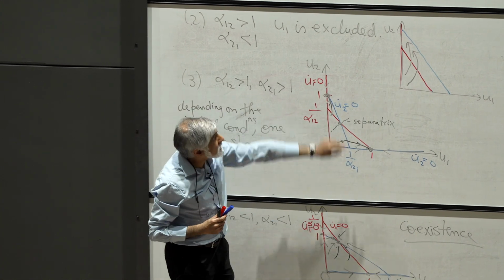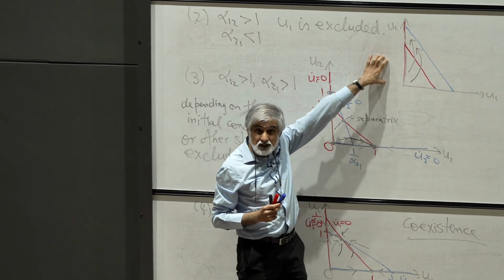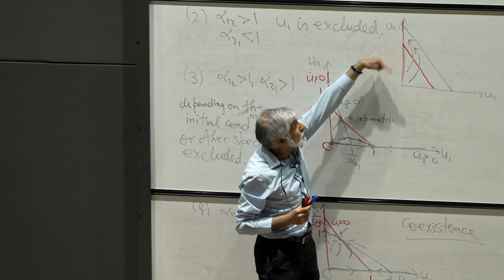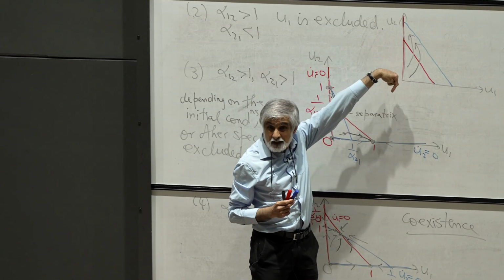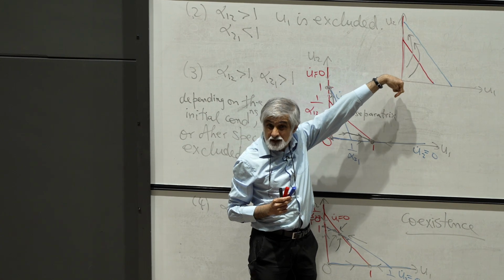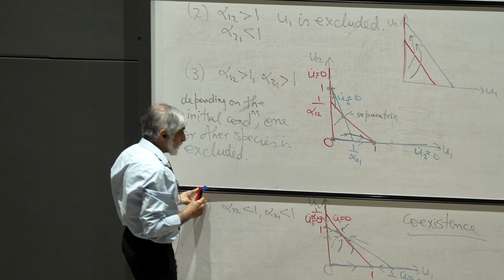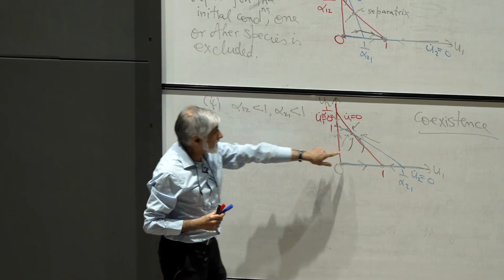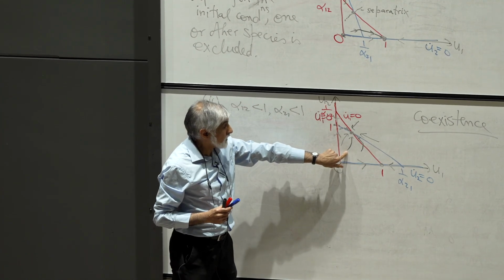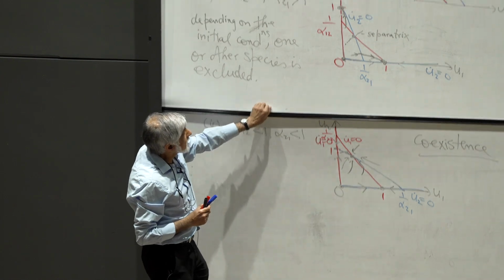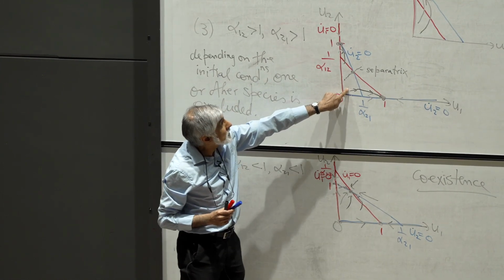So in other words, if this is the case, then you can't get rid of the pest by culling. You have to do this first. Or not this one, sorry. This one first.